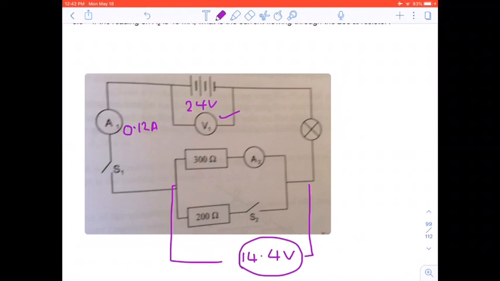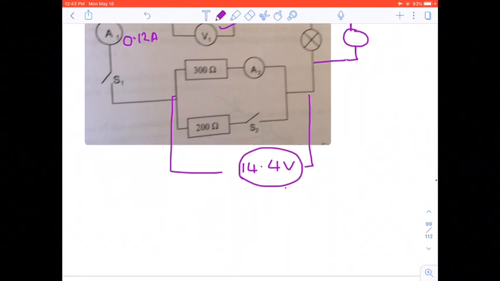So if that's 14.4 volts and the battery supplies 24 volts, what would the voltage across the bulb be? The voltage across the bulb plus 14.4 volts will give you 24 volts. So what is the bulb's voltage?